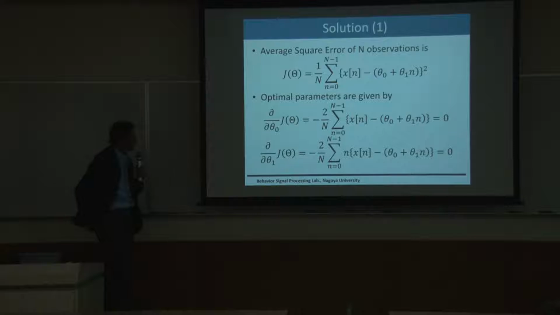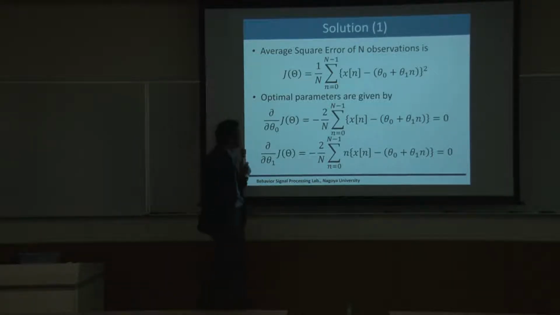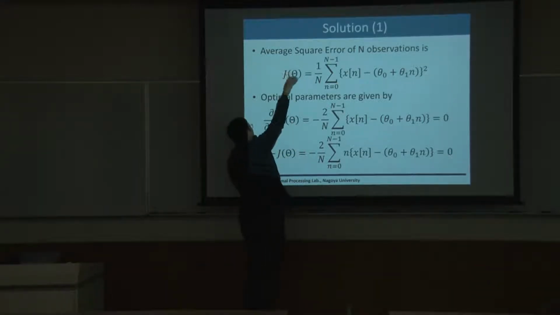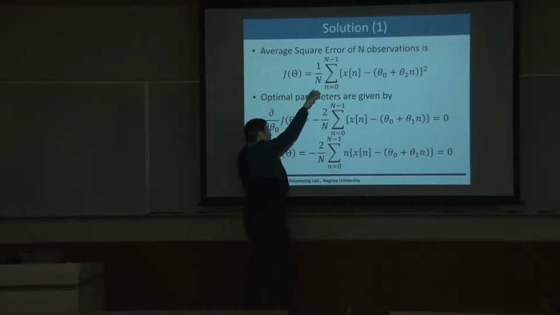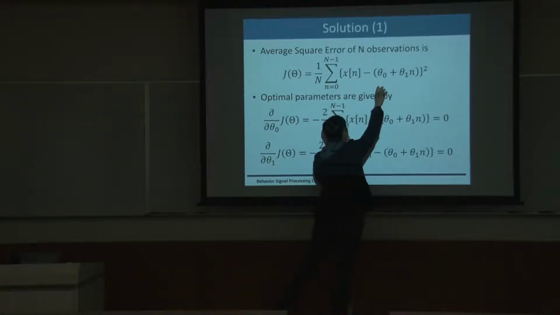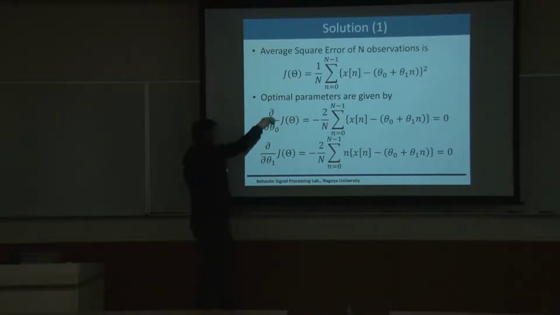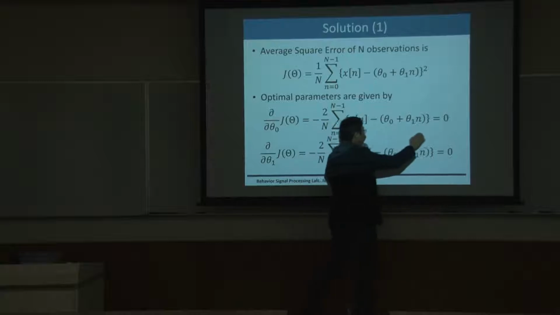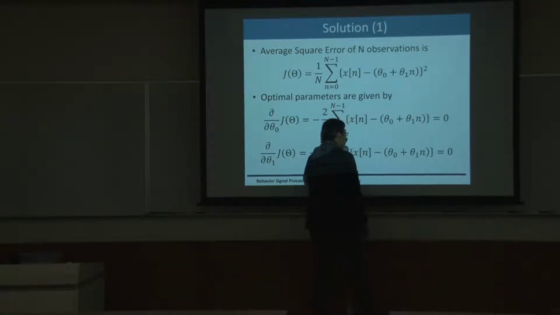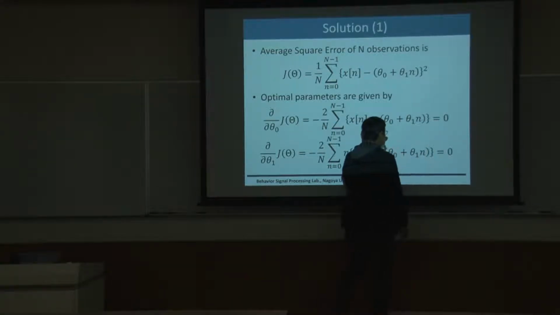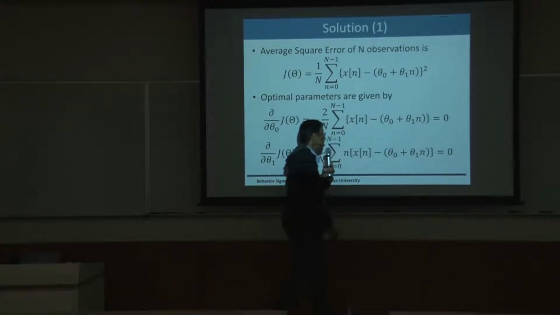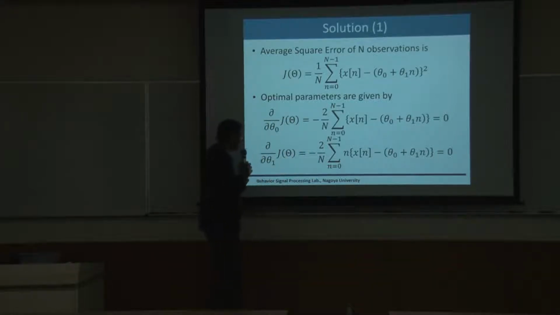Okay. So again, I denoted the same equation here. This is the error function. That is the function of two parameters, in this case theta 0 and theta 1. And if you calculate the derivative of the error function with respect to theta 0, that gives you this, and by setting the left-hand term to 0, you can get one equation.